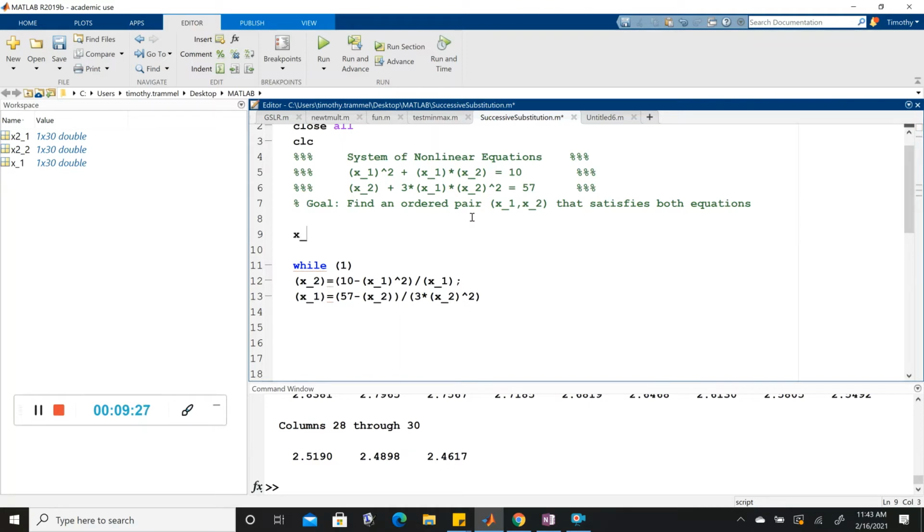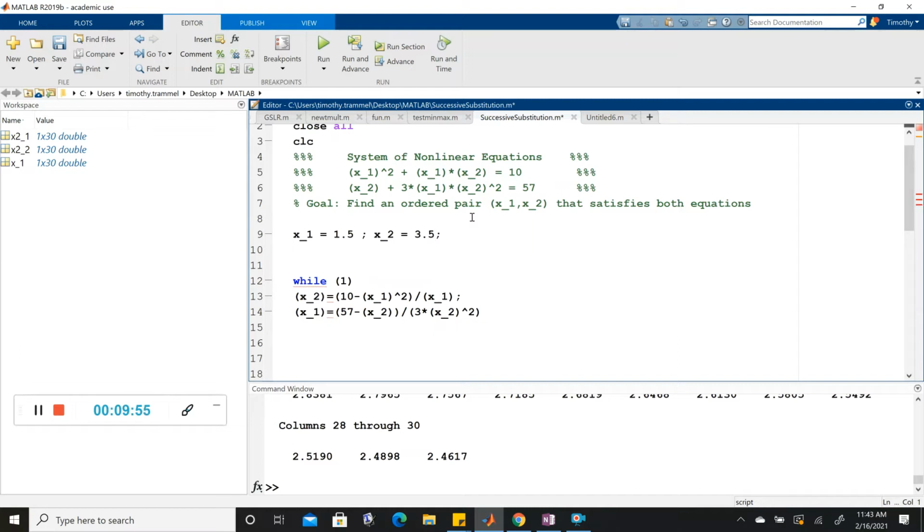How about x1 is equal to 1, yeah, let's do 1.5. And we'll do x sub 2 is equal to 3.5. There we go. So there's our initial guesses.